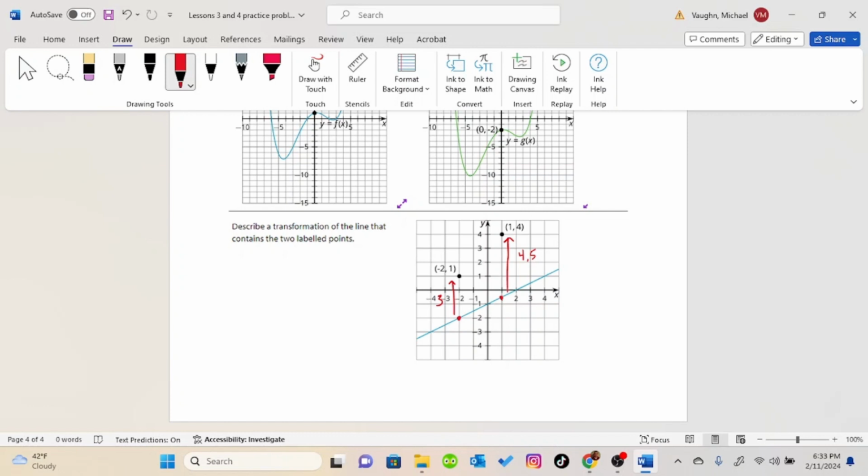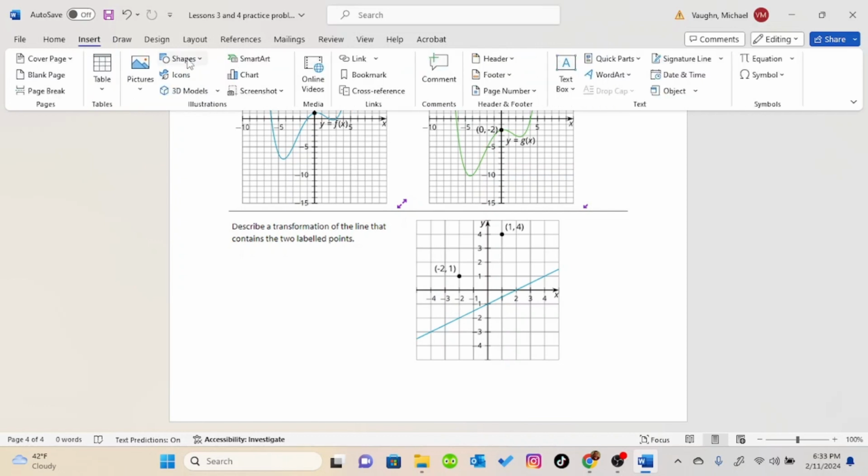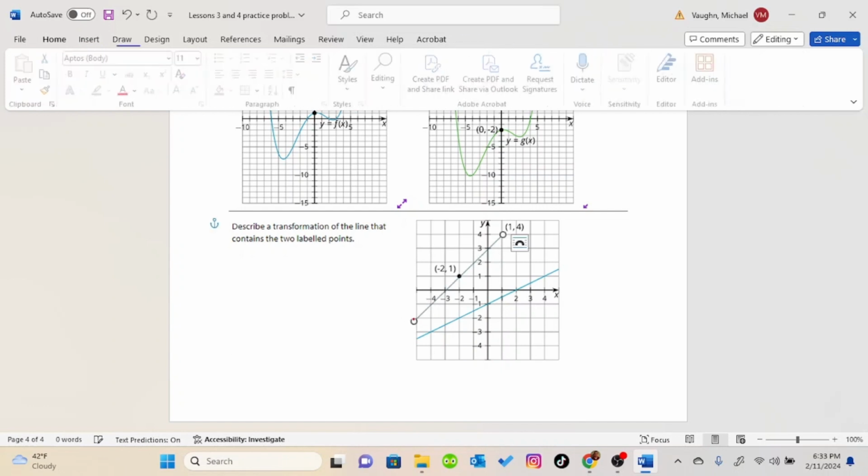So what we could do is a new method. What we can do is take a line that goes through both of these points.